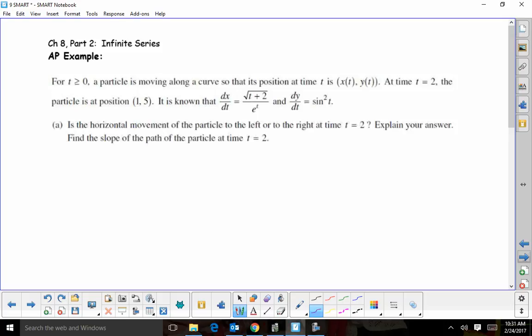Seconds in. So do you have to reduce? No. 1 minute.